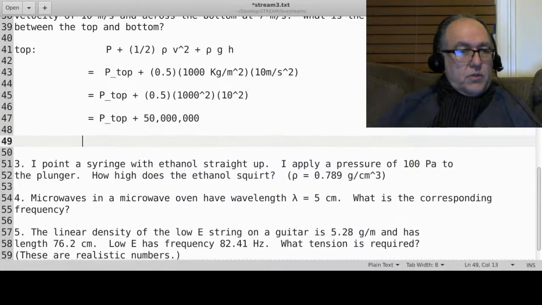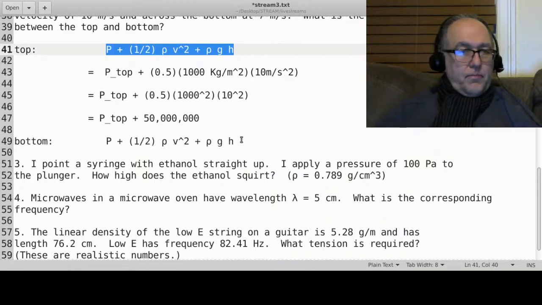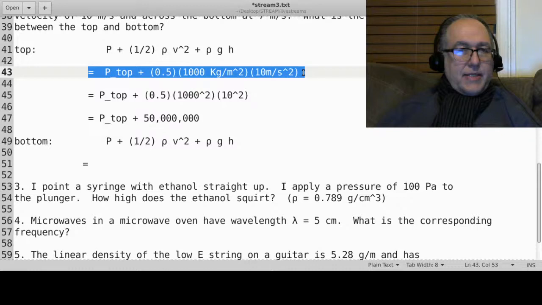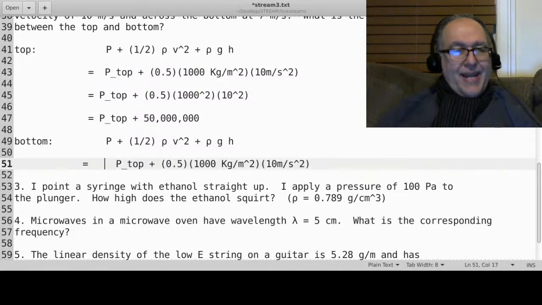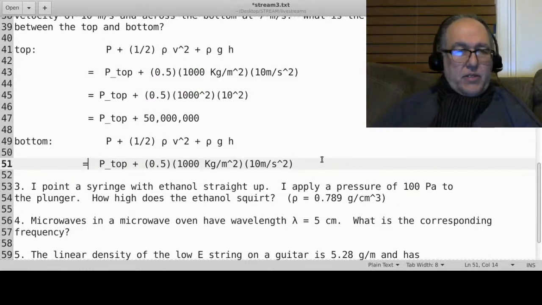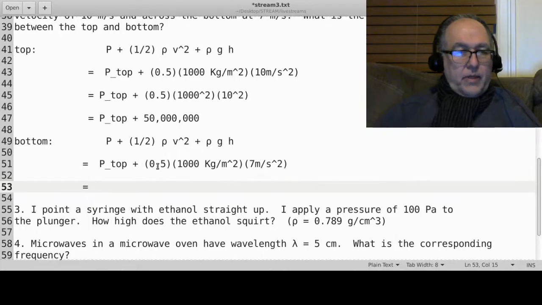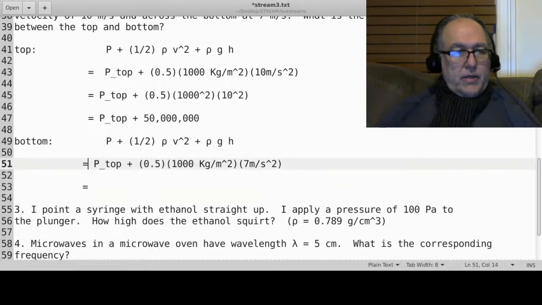Now what? Let's do bottom, like this. So what does that look like? Well, it looks the same. And that's going to equal the exact same expression, except that now it's not 10 meters per second, but 7 meters per second. Sorry, I put top there.